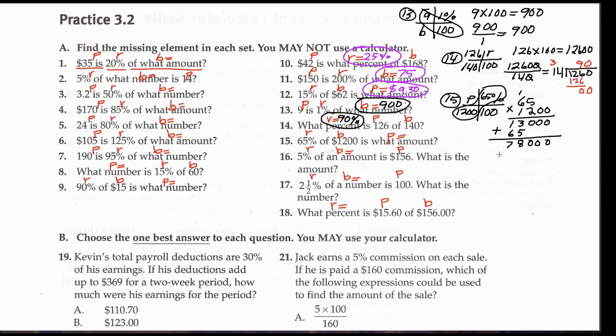Now, for step number 2, we have to divide 78,000 by 100. Okay, write 100 below that. Cancel the 0 with the 0, cancel the 0 with the 0, and what we have left is 780. So that is P. Let's put $780 as the part and circle that.